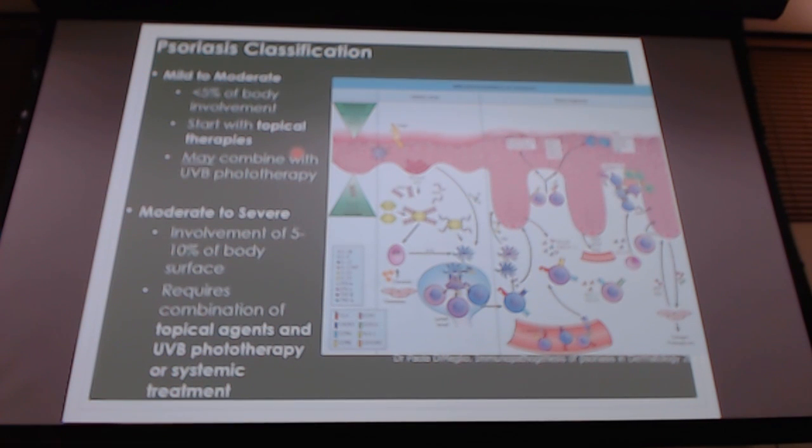If I'm looking at moderate to severe, more than 5% of my body is involved in my psoriasis, and I'm going to need a combination of topical agents, and I'm going to need that UVB phototherapy to try to help decrease those plaques, and I can potentially also have systemic treatment as well.